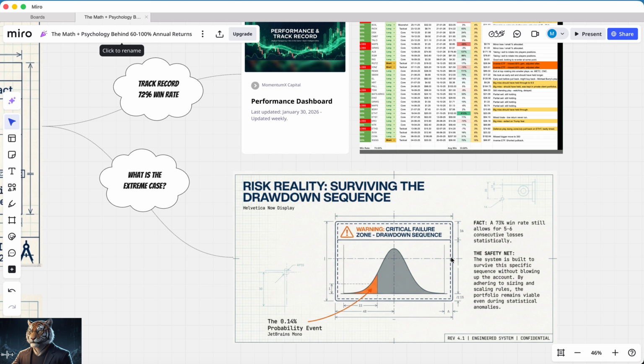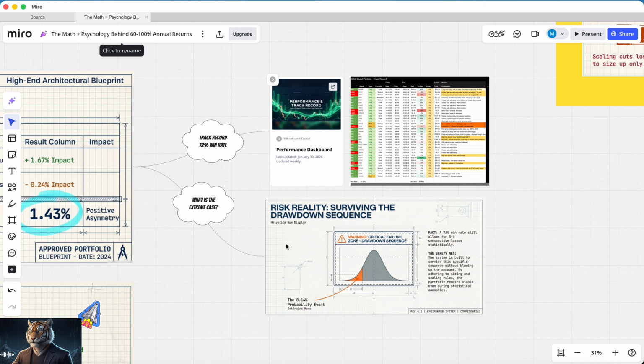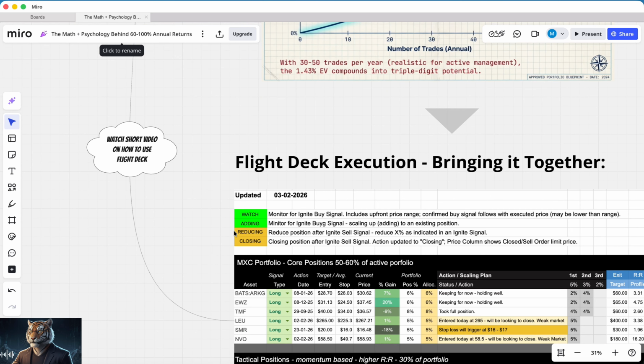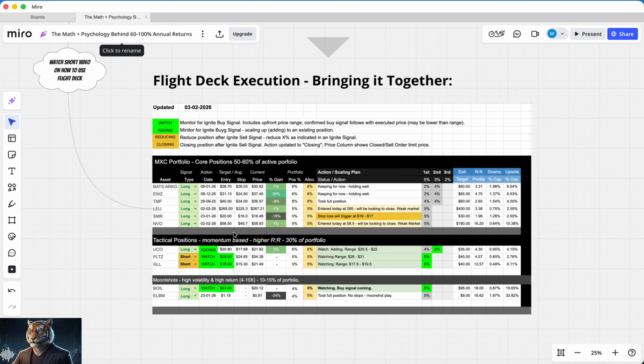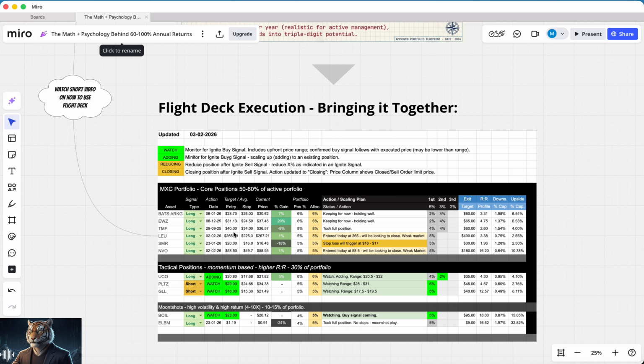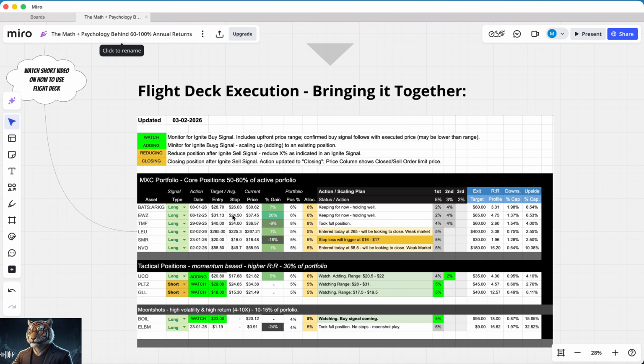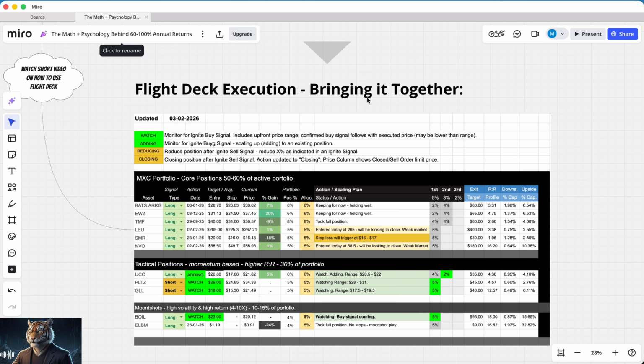The idea is to get a full picture of what's happening and how well we're positioned. All of that is used on our side and also by our users. It's a great tool. We developed it over the years, and we keep fine-tuning it, including the right type of signals. We also have a full video dedicated to the flight deck. That's more of a how-to and execution video that is going to be shared in the description of this video as well as on our website.